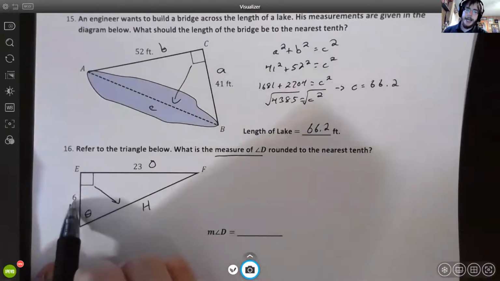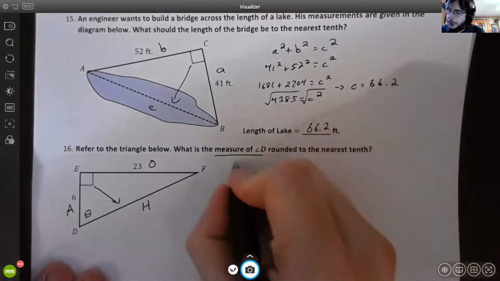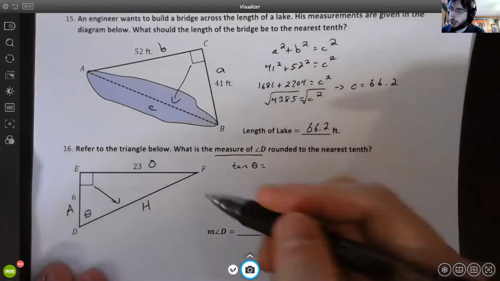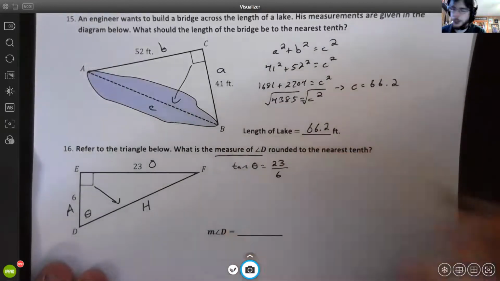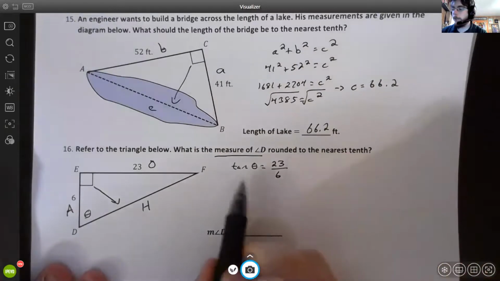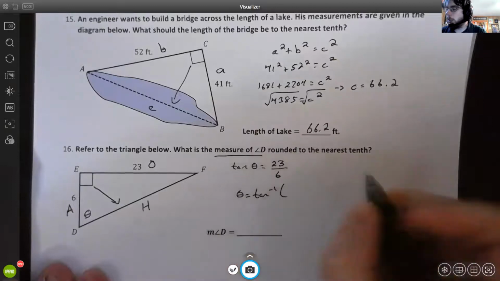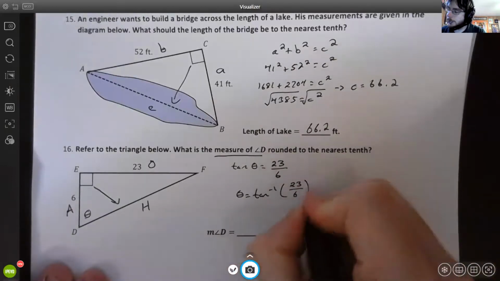So we have our A, we have our O. So we need to use tangent. So tangent of theta is equal to O over A, which in this case would be 23 over 6. We're looking for theta, so we need to use an inverse trig ratio. So we do inverse tangent of 23 over 6.